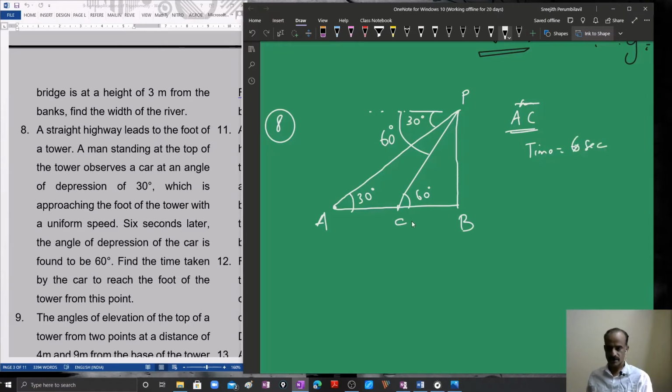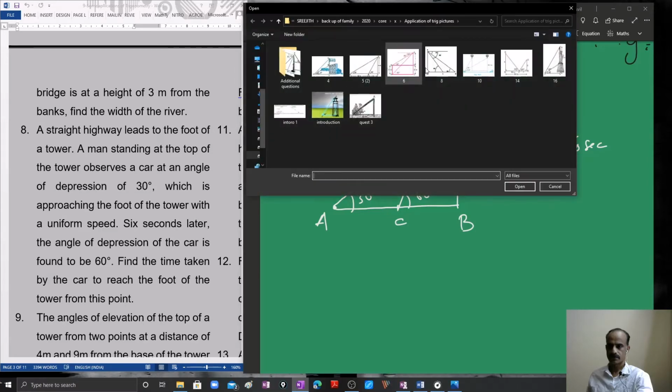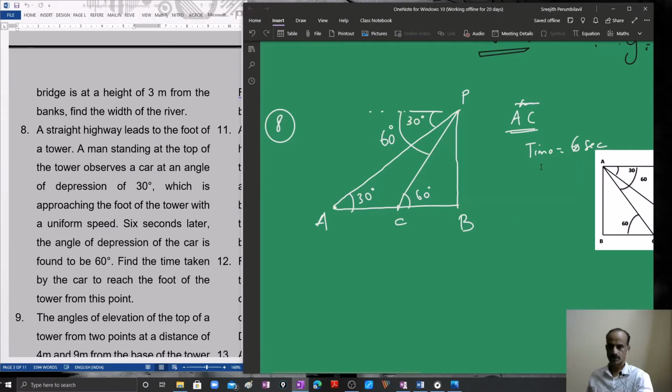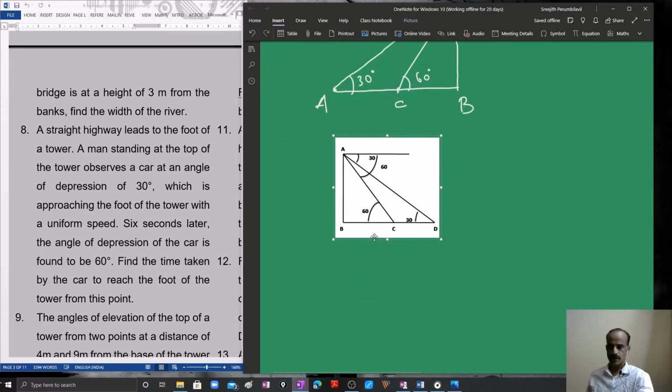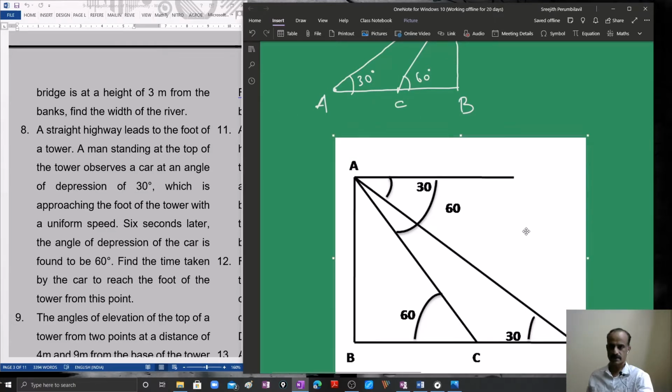We have to find the time taken in the other case. I'll put up a better figure. I took this side, and the other one is the other side.